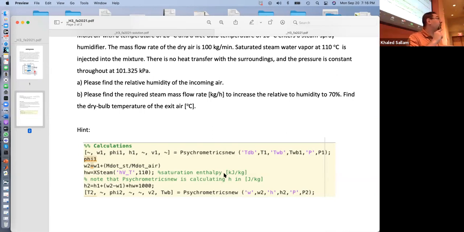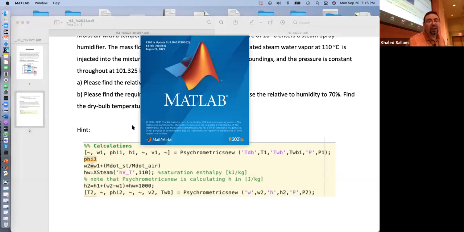The way to use the psychometric chart is you have to have this file and run it. So in your MATLAB, you will have to have the psychometric chart new file, and let it run first.